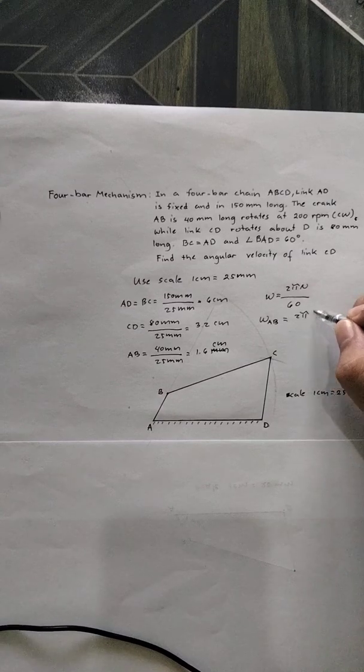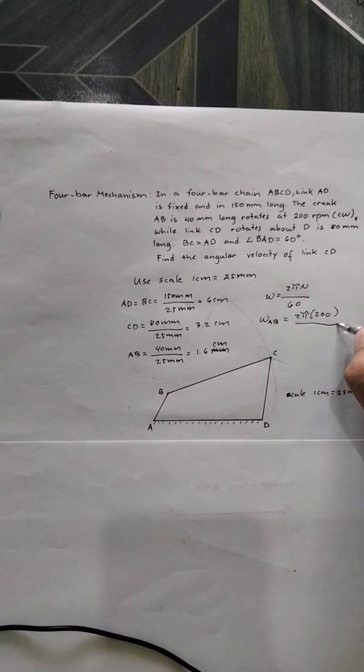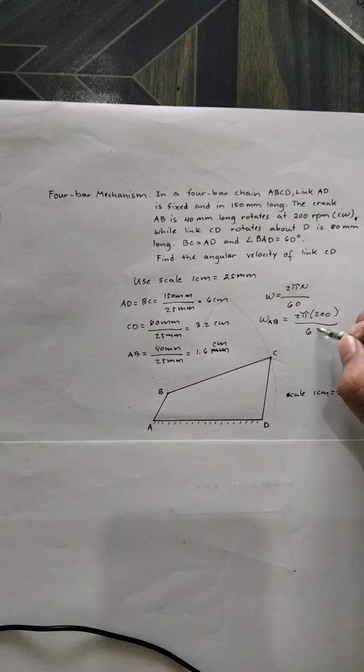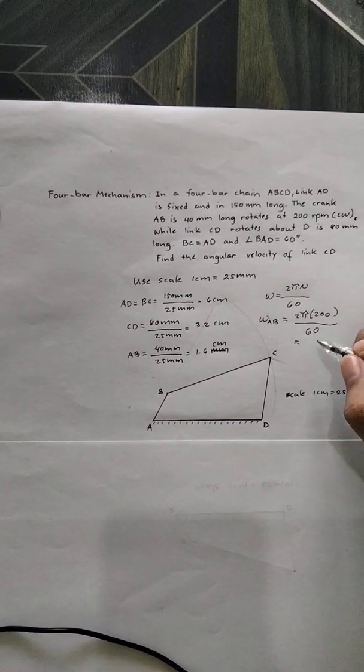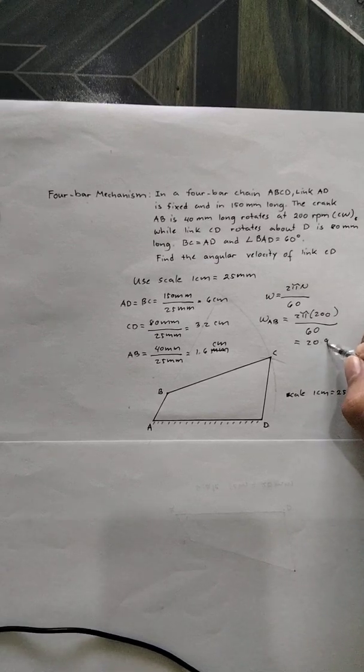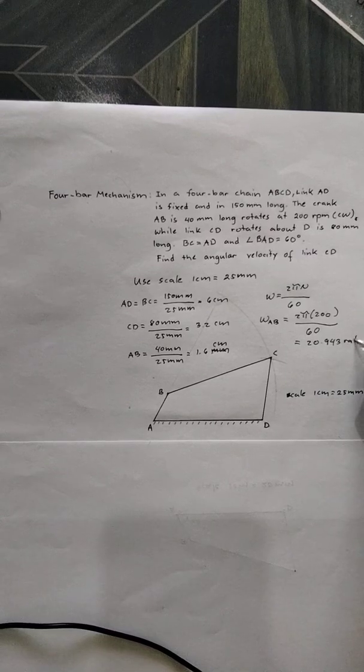So 2 pi times 200 revolutions per minute over 60. Therefore you have 20.943 rad per second. Okay, so this is now your angular velocity.